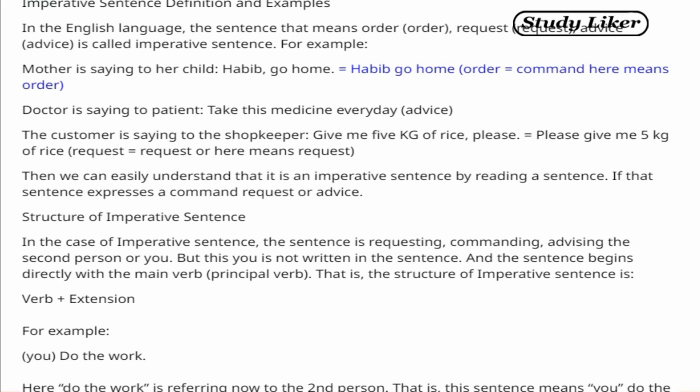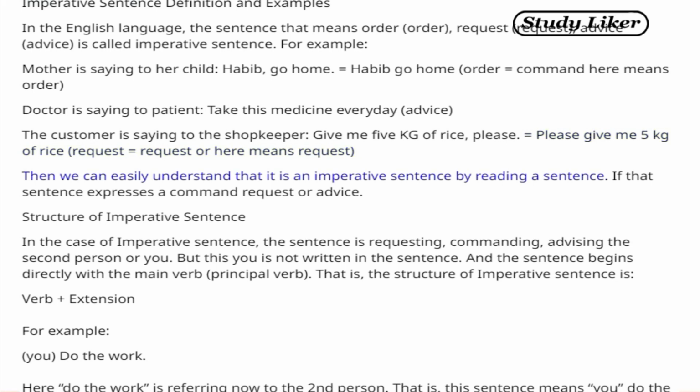Doctor is saying to patient, take this medicine every day, advice. The customer is saying to the shopkeeper, please give me 5 kilograms of rice, request.